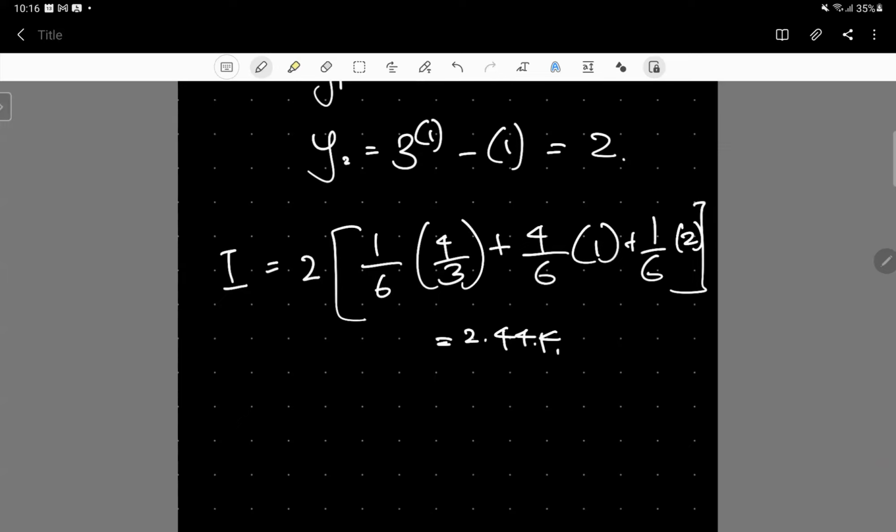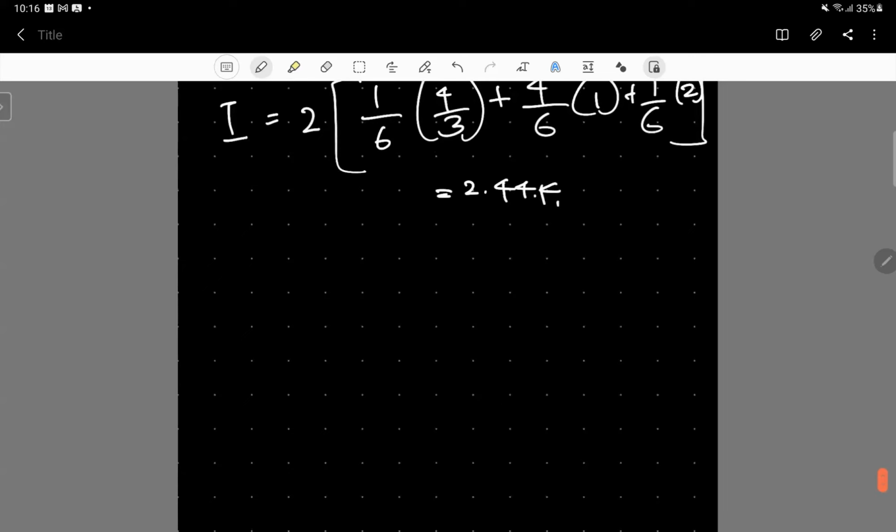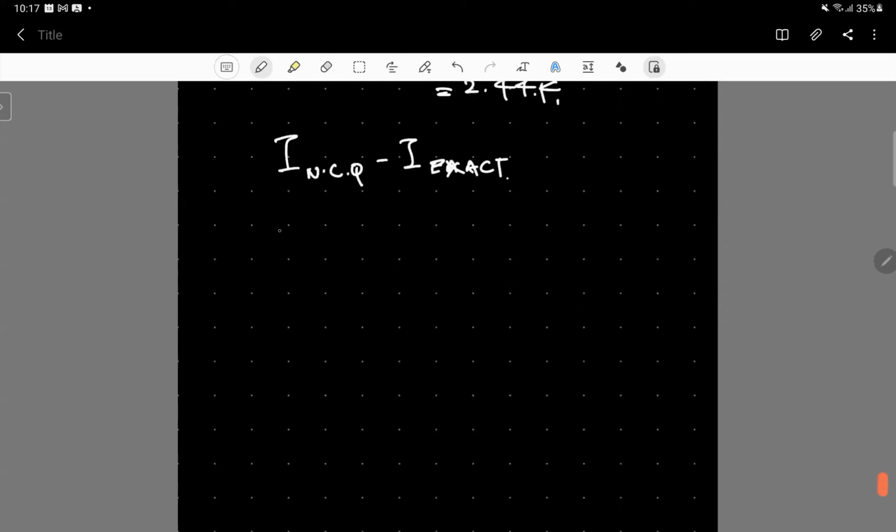2.444. Now you see there's a clear error. The error between the one obtained from the Newton quadrature method and the exact solution, in the second example, is quite significant. 2.444 is the answer we got.